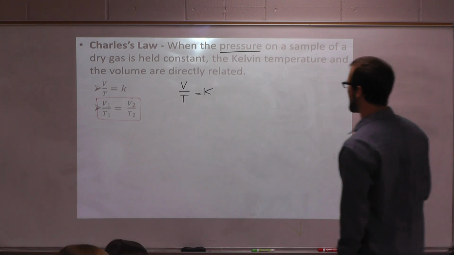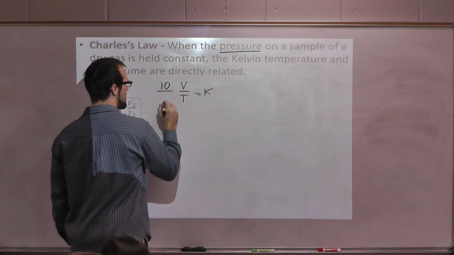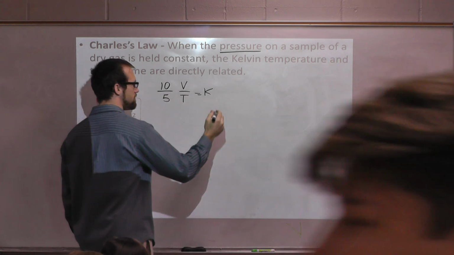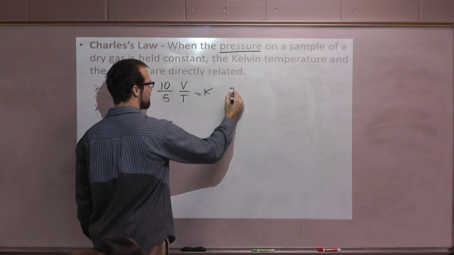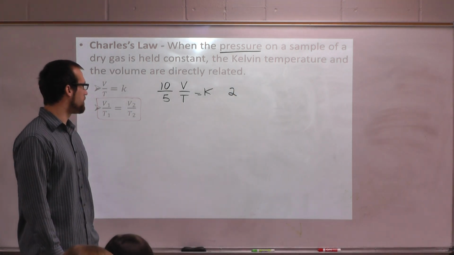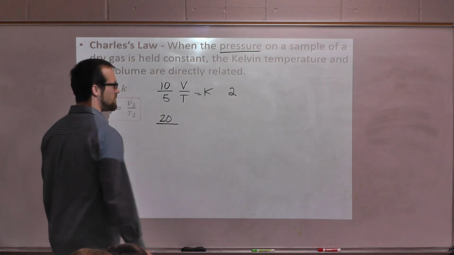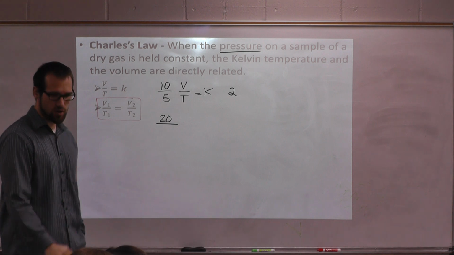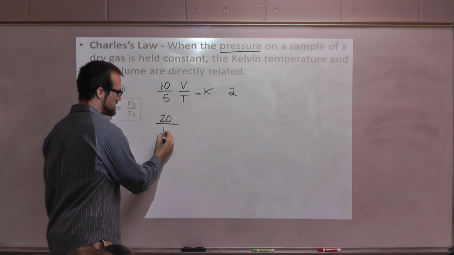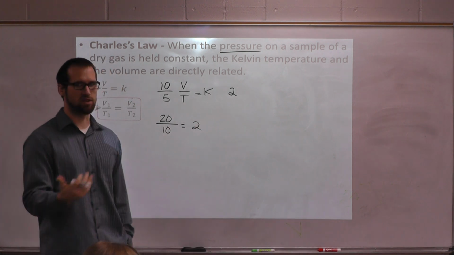Okay, so let me show you. Let's say the volume was 10 and the temperature was 5. What would that give you for a k? That'd be 2. Okay? So let's say I increase the volume to 20. The temperature, since it is also directly related, will go up proportionally to 10, still giving you 2, and I can continue to do this.